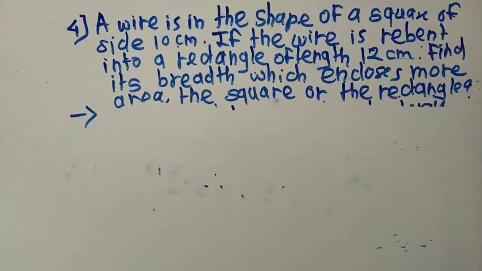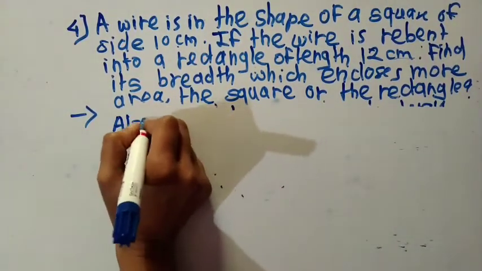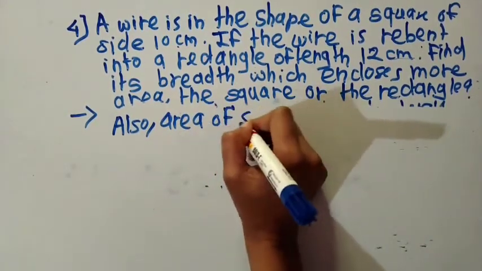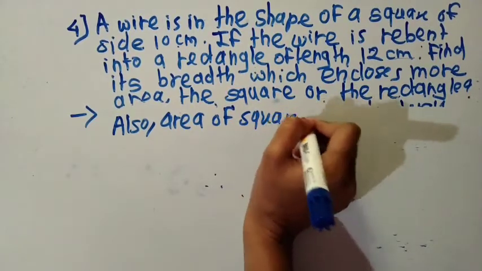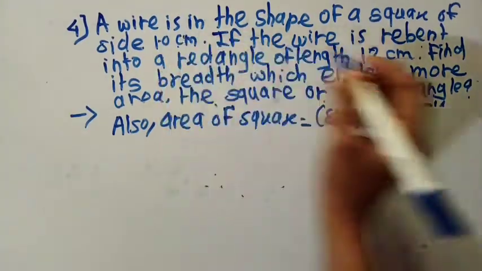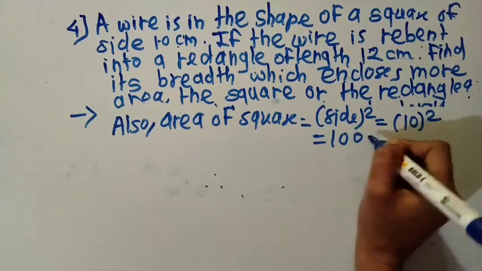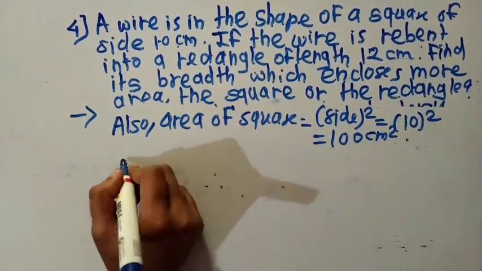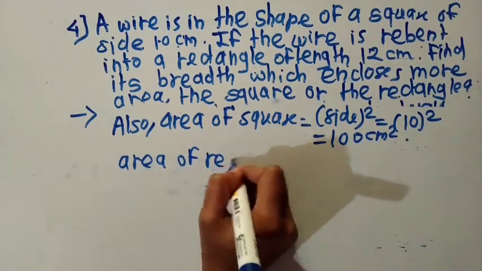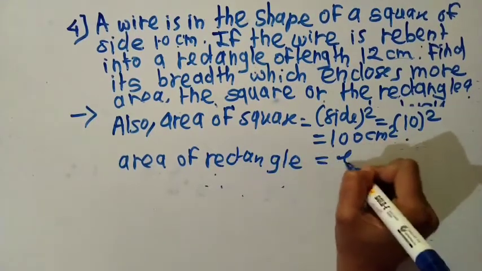Then also area of square is equal to side square means 10 square is equal to 100 centimeter square, and area of rectangle is equal to length into breadth.